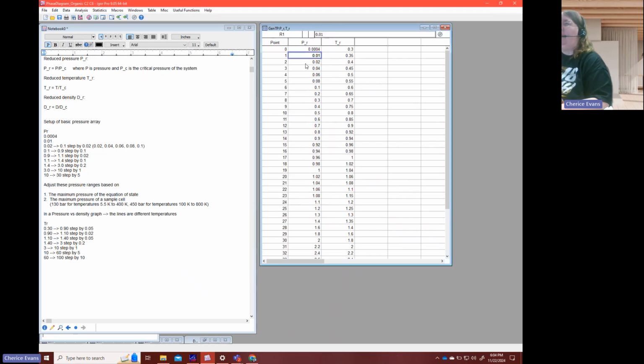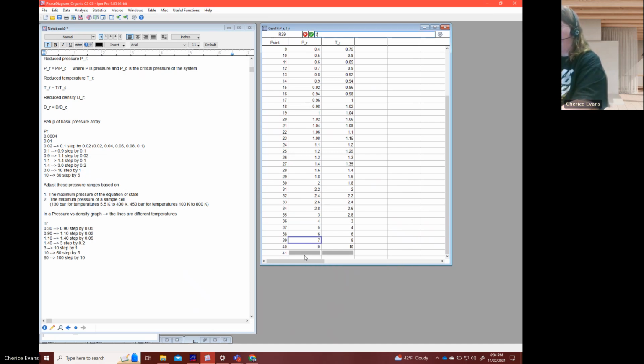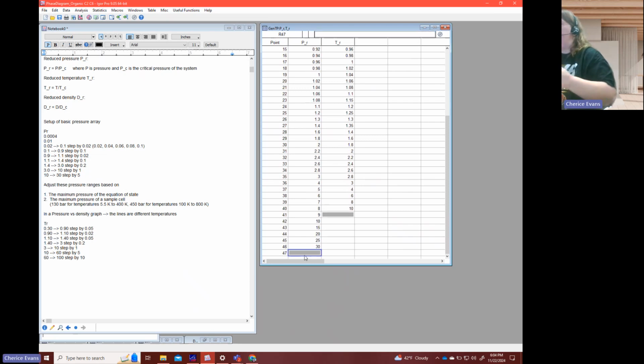So 0.1 to 0.9 by 0.02, yep. And then 0.9 to 1.1, yep. Then step by 0.1 to 1.4, and then by 0.2 to 3, and then 3 to 10 by 1, and then 10 to 30 by 5. And again, we'll make adjustments on this if I end up over.